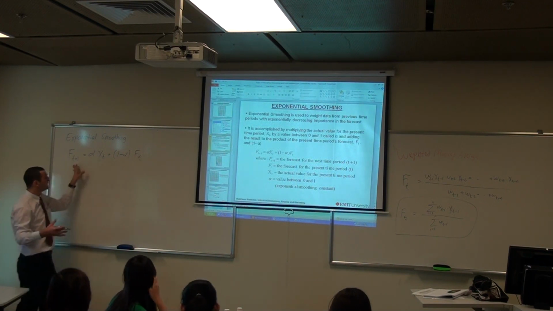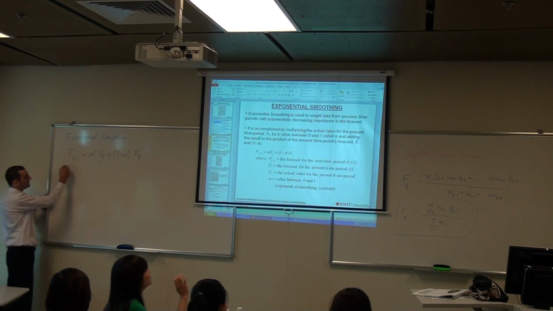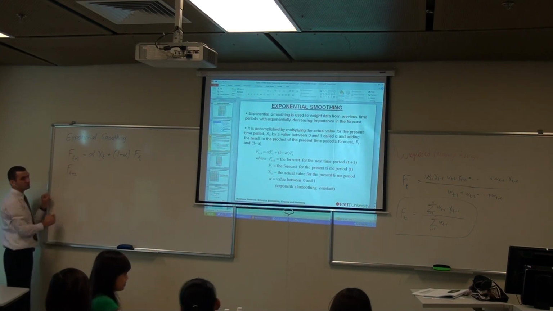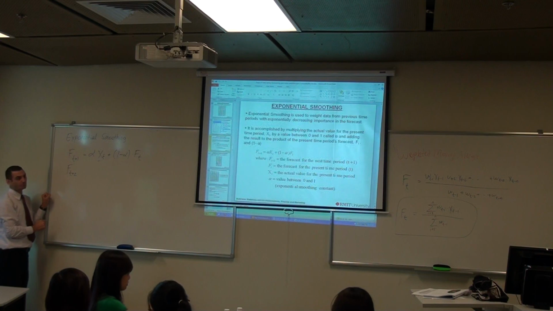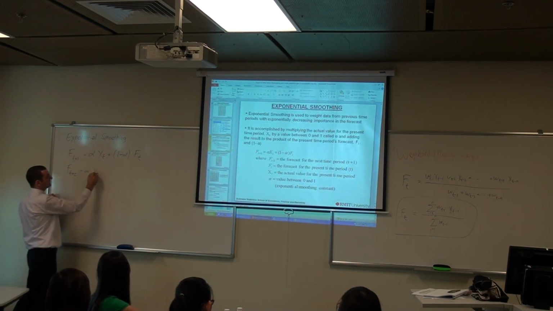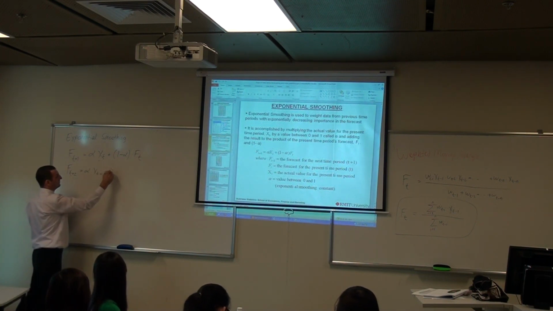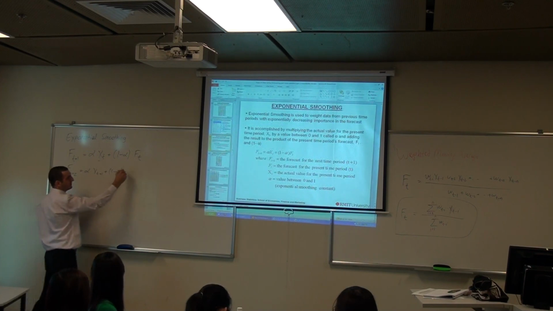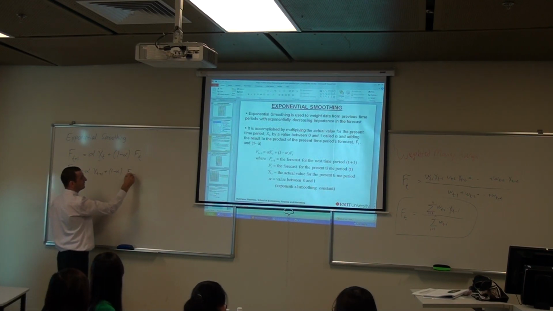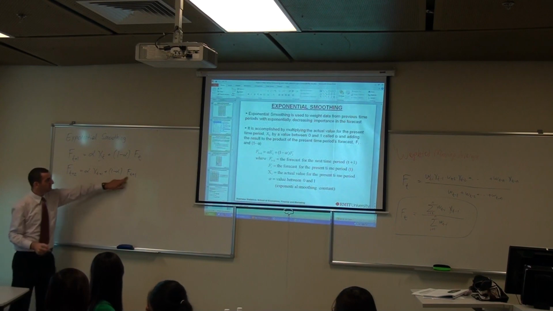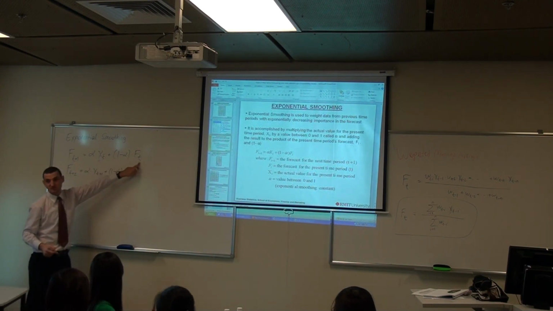So basically, this brings me to the explanation. Now imagine, what's ft plus 2? Alpha times xt plus 1 plus 1 minus alpha times ft plus 1, right? ft plus 1 is this. Put it back.